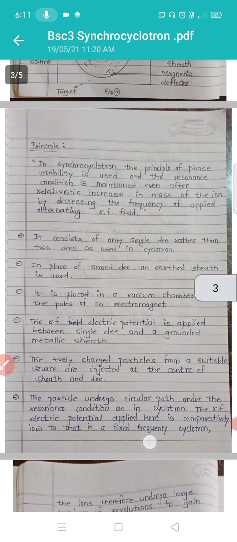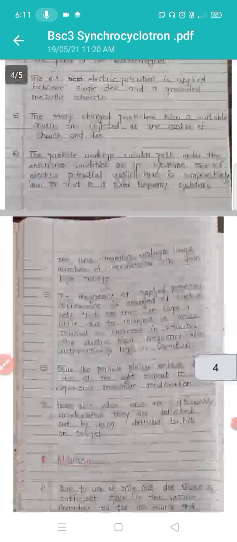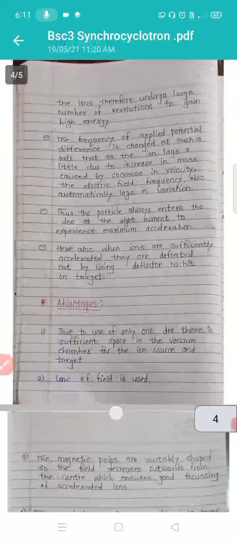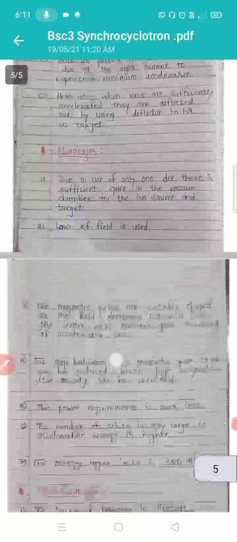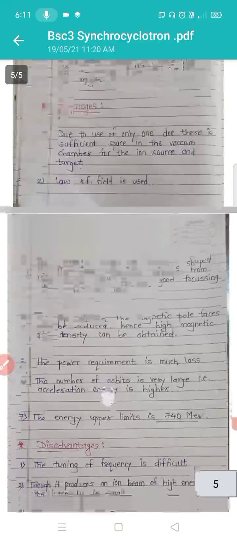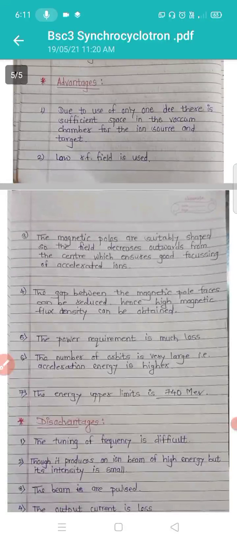This is one of the most important advantages. Then, a low RF field is used. The magnetic poles are suitably shaped so the field decreases outwards from the center, which ensures good focusing of accelerated ions. The gap between the magnetic pole faces can be reduced, hence high magnetic flux density can be obtained.